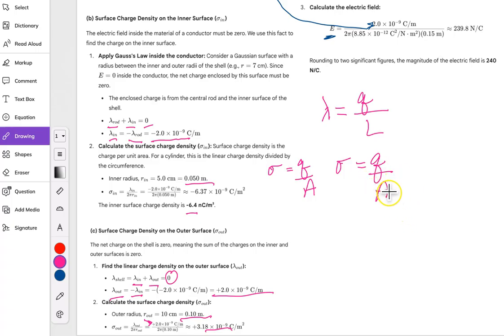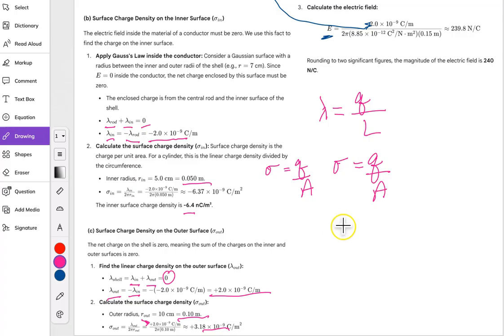So what you can do is say that the surface charge density is actually equal to the linear charge density divided by the circumference. If you do that, like they've done here, we know that sigma out is equal to lambda out over the area factor on the outside. So that's why we're able to do that.